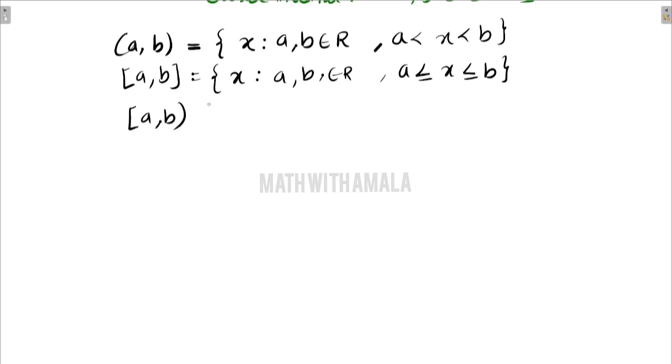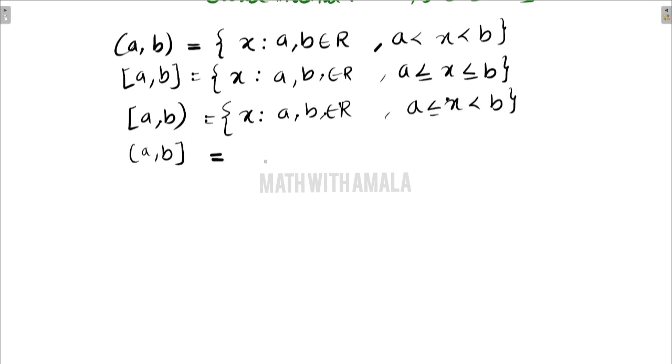So when we have closed brackets, you have to use A less than or equal to x less than or equal to B. When you have open and closed, you can use the set of all x such that A, B belongs to R and A less than or equal to x less than B. Then open A, closed B is equal to the set of all x such that A, B belongs to R, A less than x less than or equal to B.